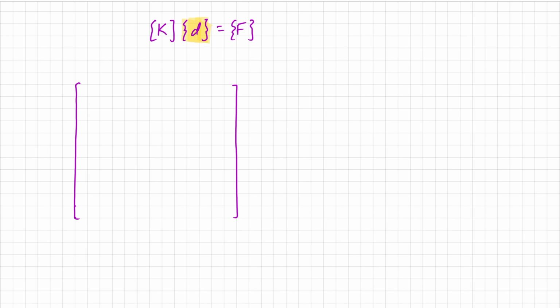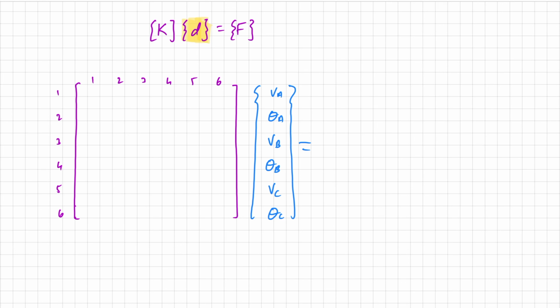Let's add on the degrees of freedom, multiplied by my displacement vector, and that should equal my force vector, which, as I said, I only have minus 20 here. The rest are zeros. And that is what it looks like. However, there is another thing that I know.